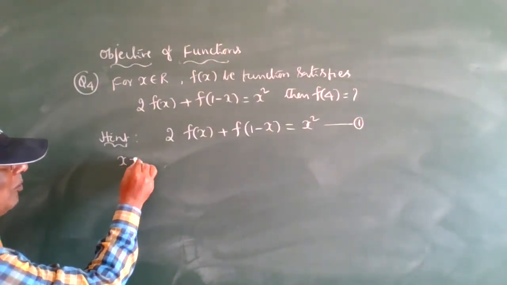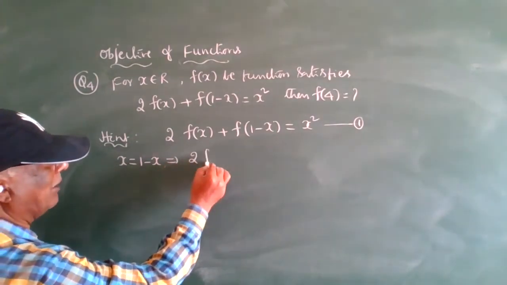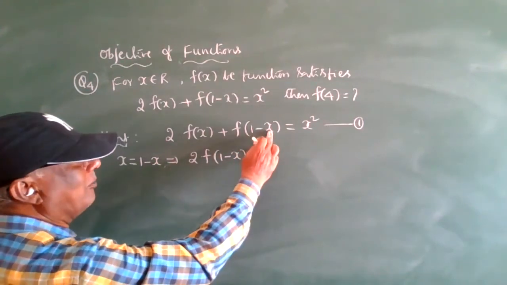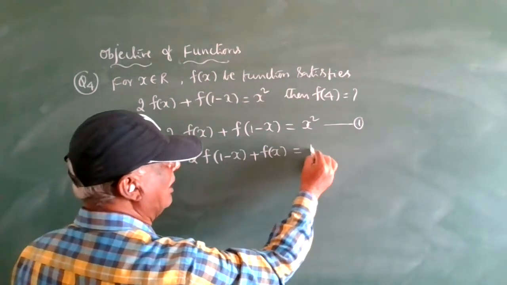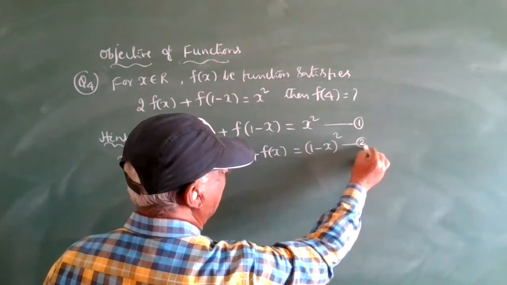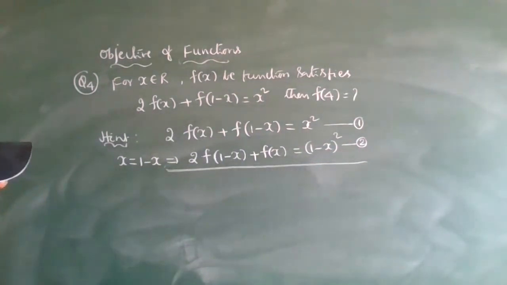In place of x, substitute 1 minus x: 2 into f of 1 minus x plus f of x is equal to 1 minus x whole square. This is the second equation. Now carefully observe.